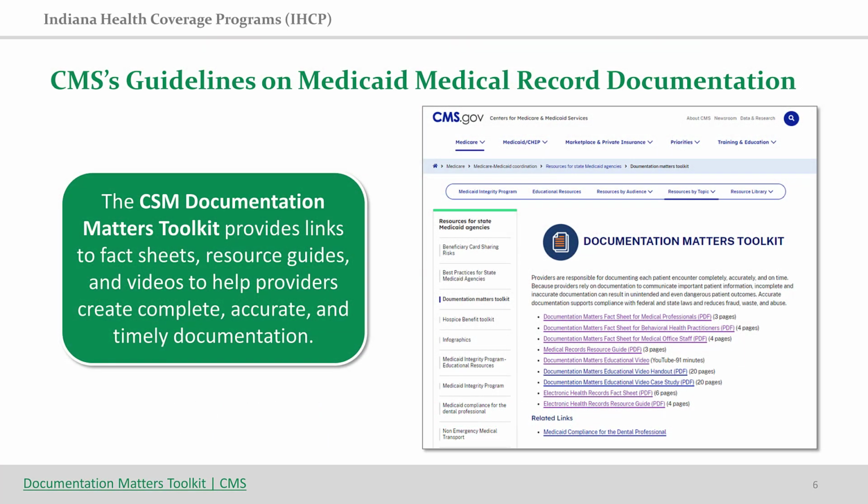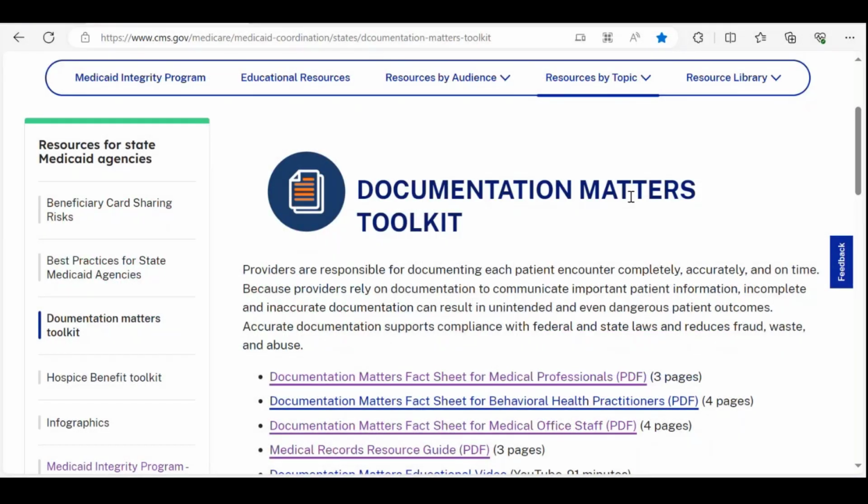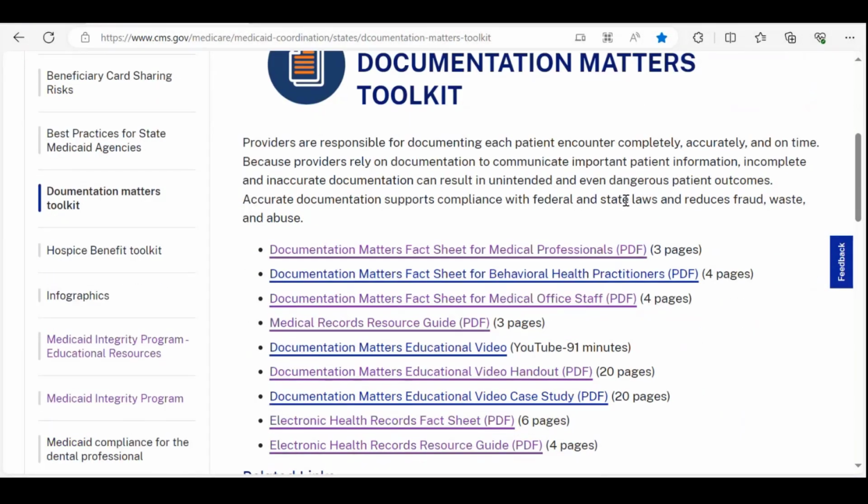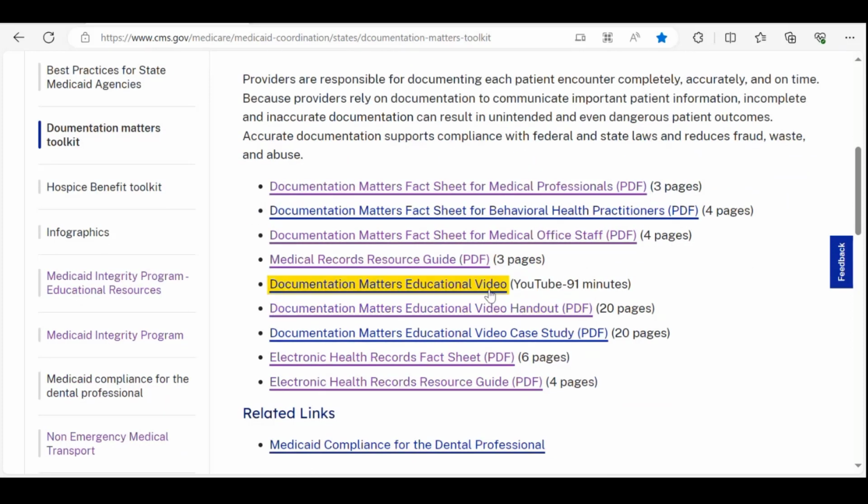Lucky for us, CMS has created the Documentation Matters Toolkit with helpful information that can be leveraged by providers. This webpage was developed to assist providers with tools and references for medical record documentation practices. As you can see, there are hyperlinks on this page that link to either a PDF document or handout, and there's also an embedded video.